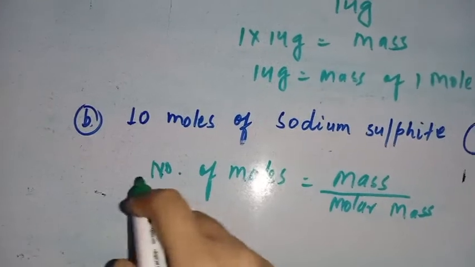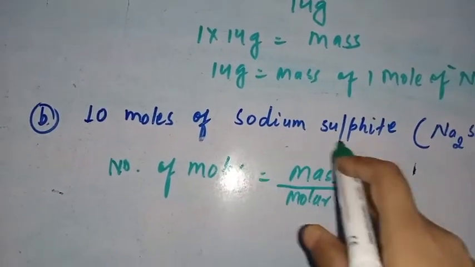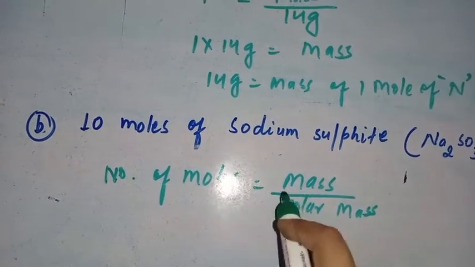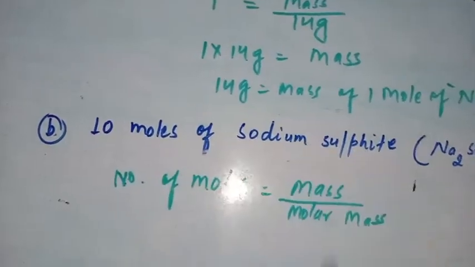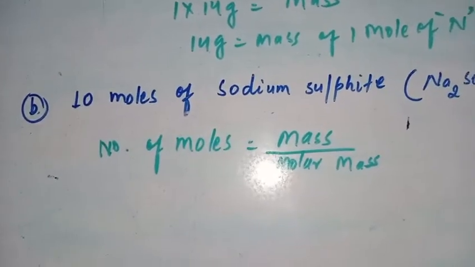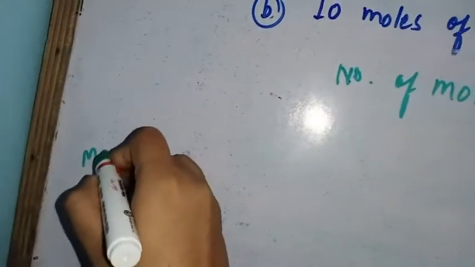Number of moles is given in the question, 10 moles. The molar mass of sodium sulfite we will just calculate, and then we can get the value of the mass of 10 moles of sodium sulfite.